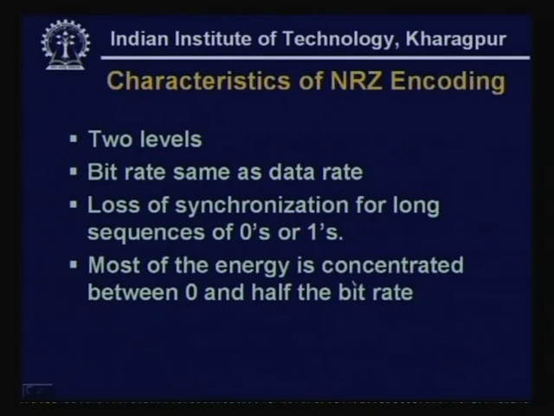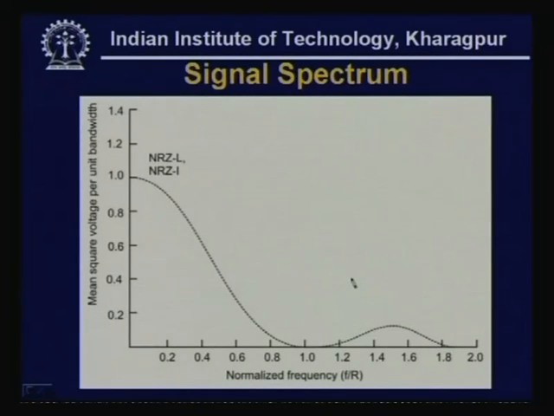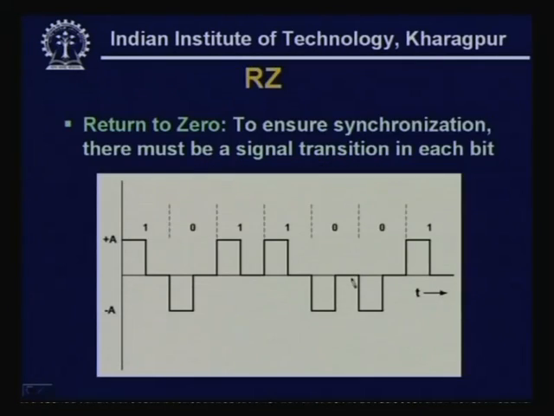So, this is the characteristic of the NRZ spectrum, for both NRZ-L and NRZ-I. Synchronization has been found to be a major concern in the two schemes that we have discussed.